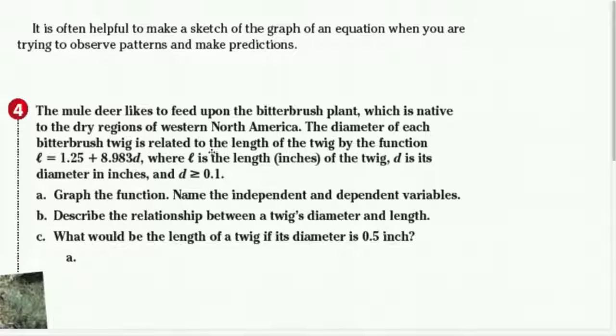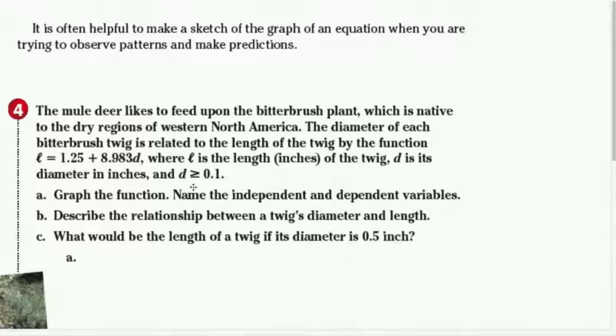The diameter of each bitterbrush twig is related to the length of the twig by the function L equals 1.25 plus 8.983D, where L is the length in inches of the twig and D is the diameter in inches. And D is greater than or equal to 0.1.